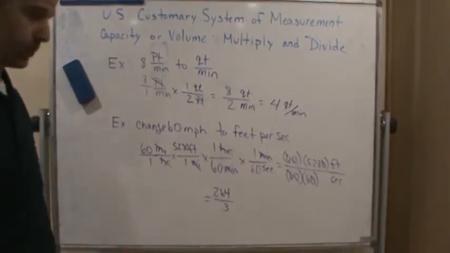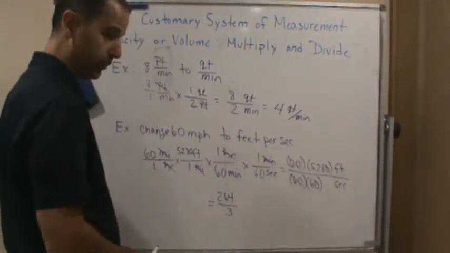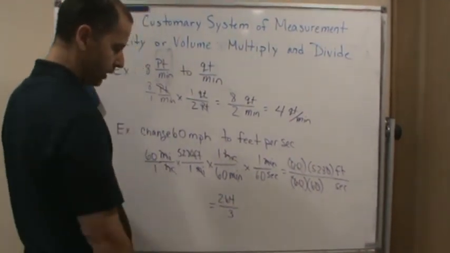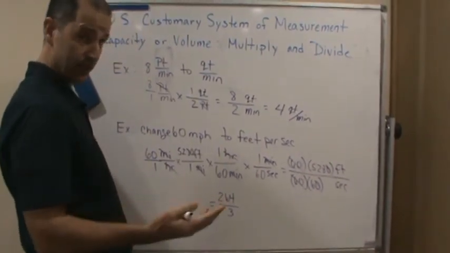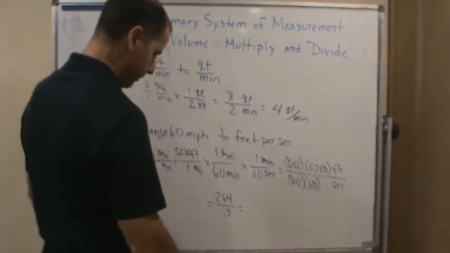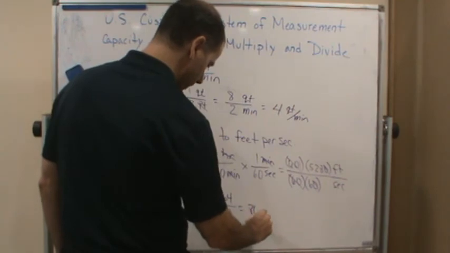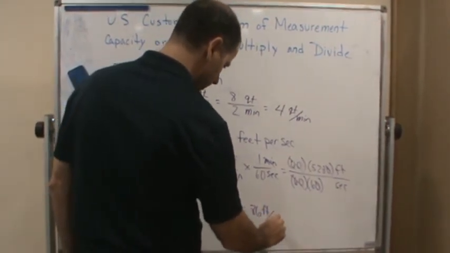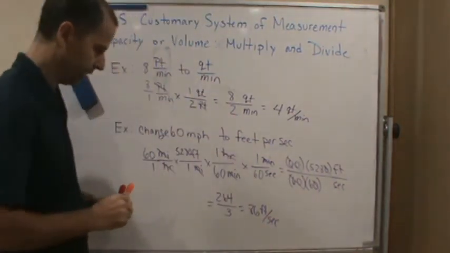And it's also divisible by 3. Remember your divisibility rules. The digits add up to 12, so that's divisible by 3. So then what do we get? 86 feet per second.